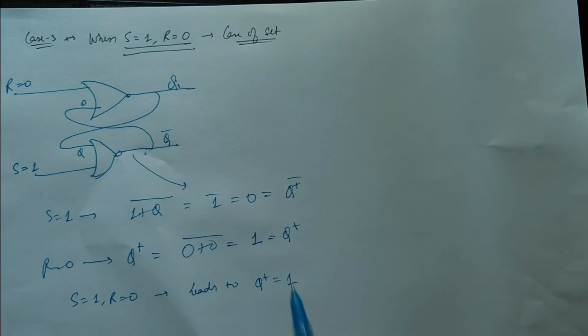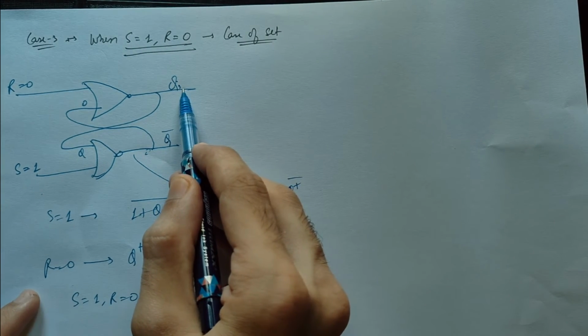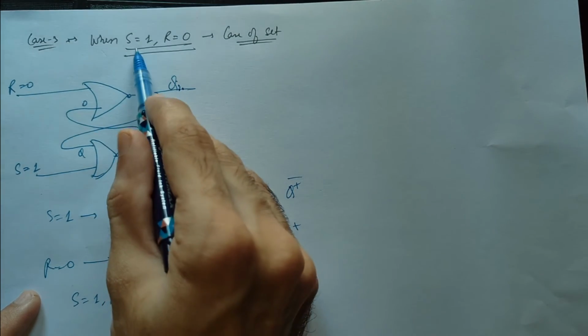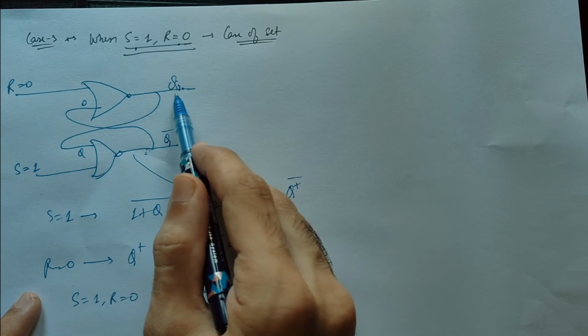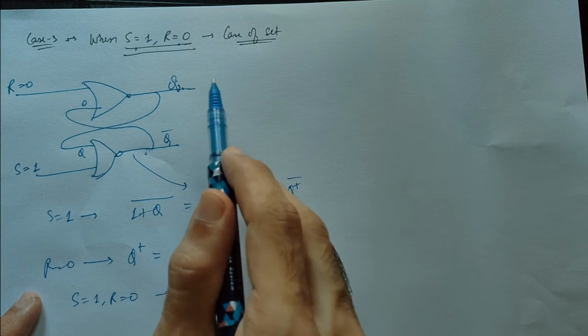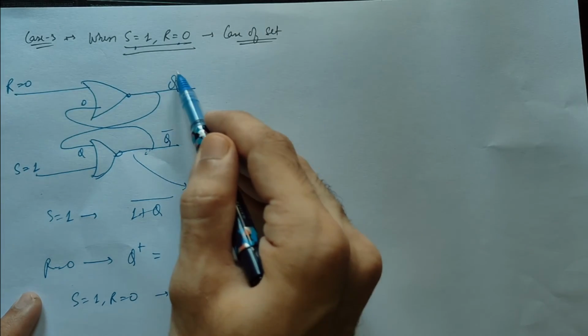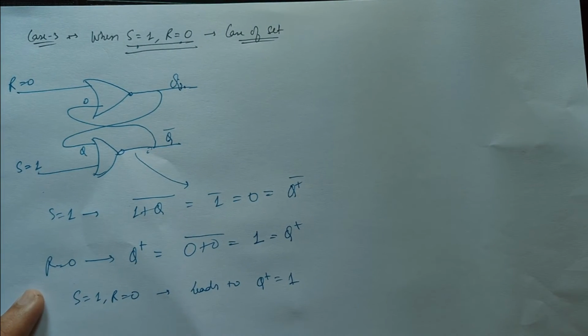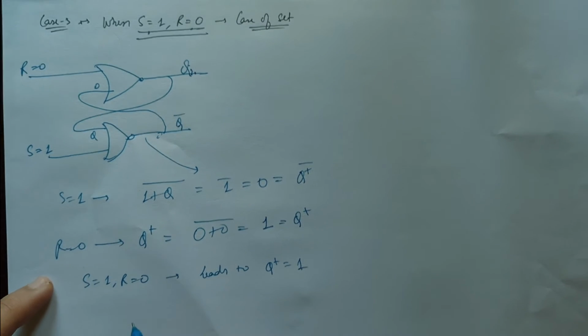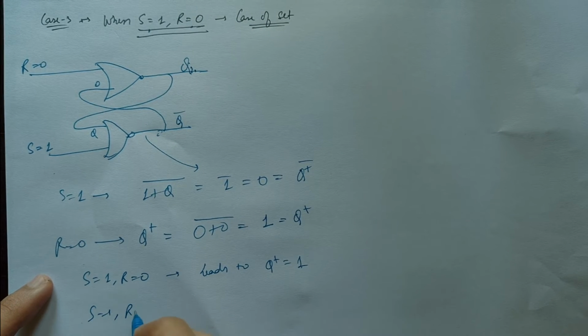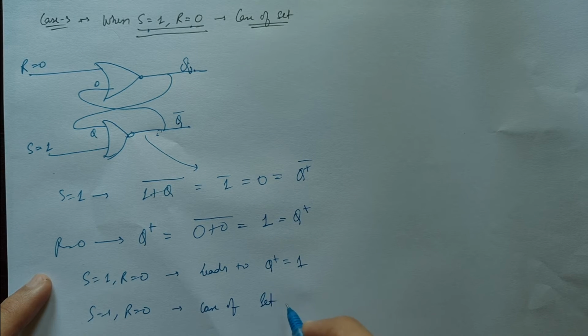So we are interested in this. Q plus is 1, which means our next state is 1. So S equals 1, R equals 0 would lead to our output or next state as 1, irrespective of whether it was 0 or 1 earlier. So S equals 1, R equals 0 is the case of set.